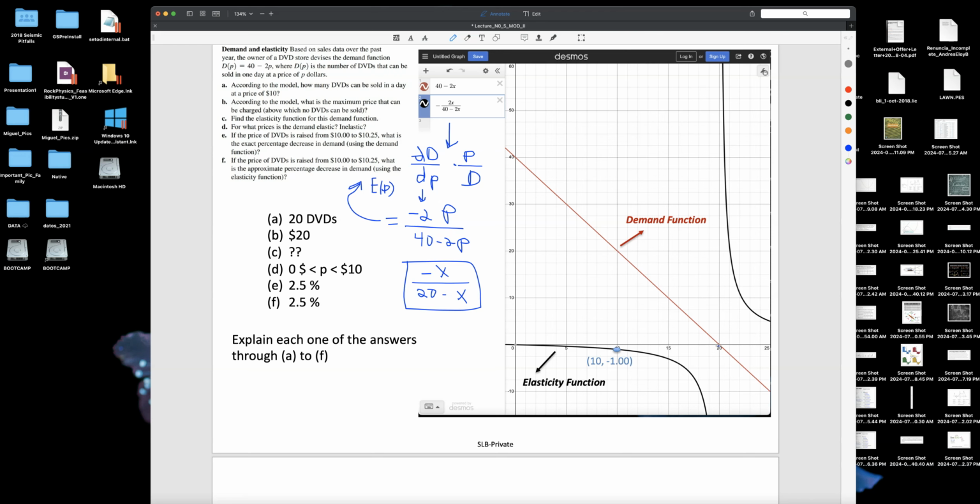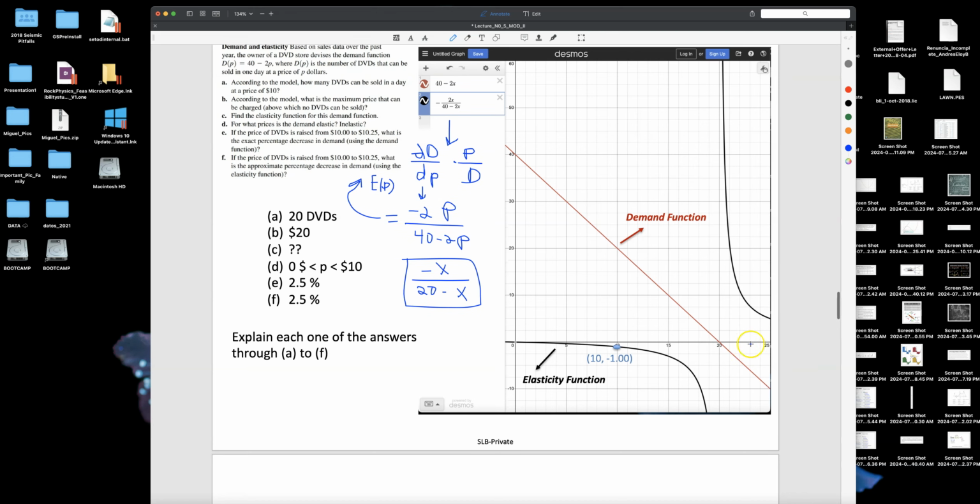If I make a price of the DVDs greater than $20, I'm not going to sell anything in the store. I'm not going to be able to sell any DVD in the store. At $20 the demand is going to be zero. The people are not going to purchase anything.